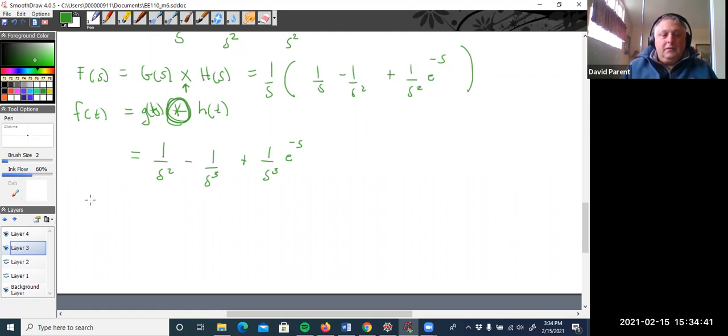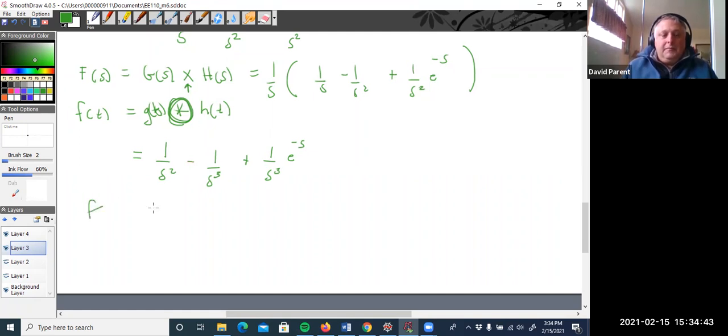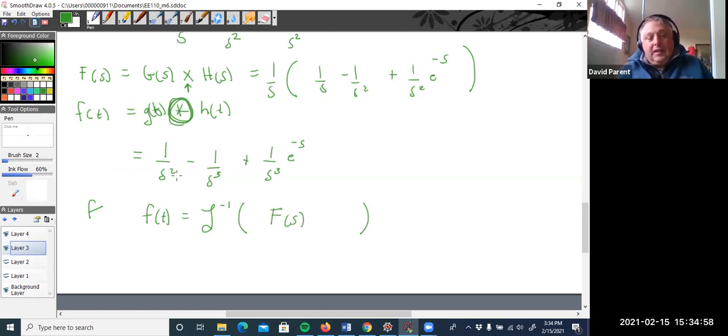Now, to find that function, I take the inverse Laplace. And here's the thing, it's all linear combinations one way or the other.